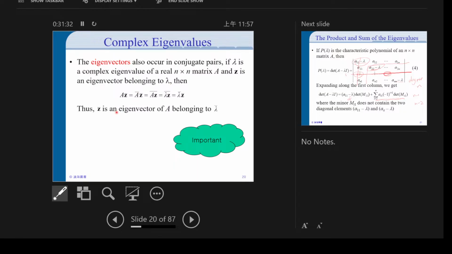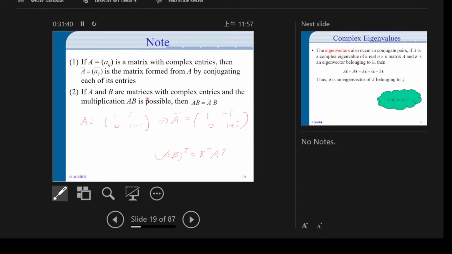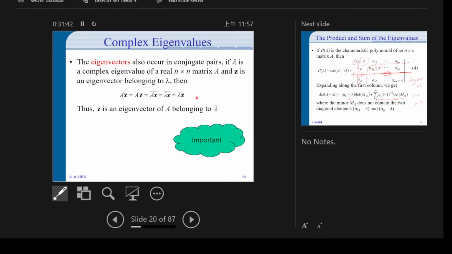So A times z bar equals A bar times z bar, because A is real, so A bar equals A. Then A bar times z bar is the conjugate of Az, and Az is equal to lambda z, so this is lambda z bar.